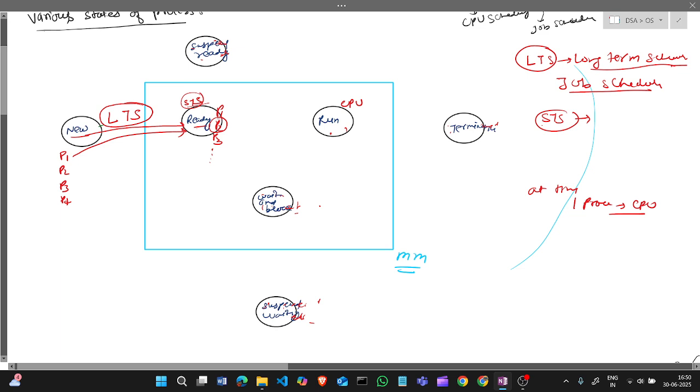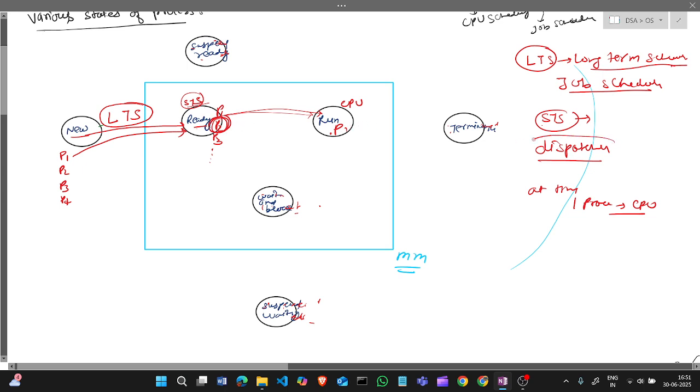Let's say the scheduler chooses P2. Now P2 is chosen, then the dispatcher takes this P2 and brings it to the run state.